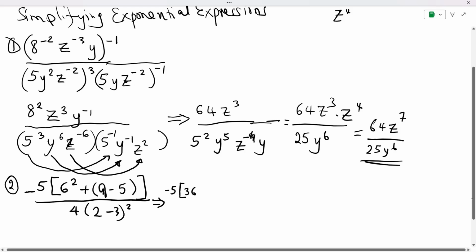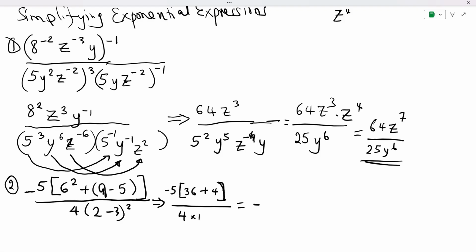So 9 minus 5 is 4 plus 4. This is all divided by 2 minus 3, which will be minus 1. And minus 1 squared is 1. So this becomes 4 times 1, which is equal to 4.